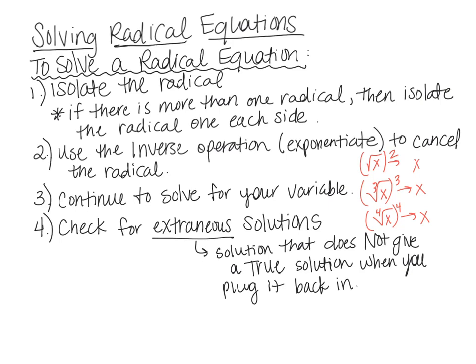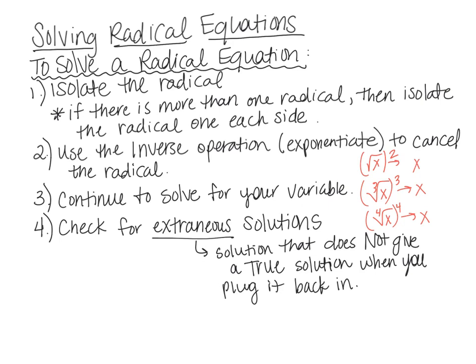So once I've done that, then I'm going to continue to solve for my variable. And then I'm going to check for those extraneous solutions. Remember, an extraneous solution means that I solved the equation, I got an answer, but when I went back and plugged it into the original equation, I don't get a true statement. It would be something like I got the answer to be 7.